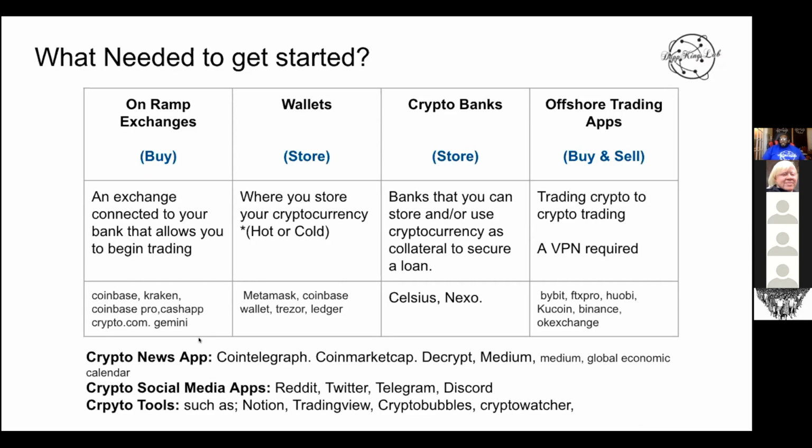So Medium is a place where you can go to see if there's any particular protocol, meaning the cryptocurrency you're interested in investing in. This is a place you would go to see if there's been anything written about it.